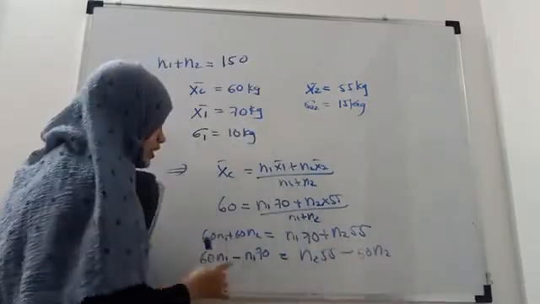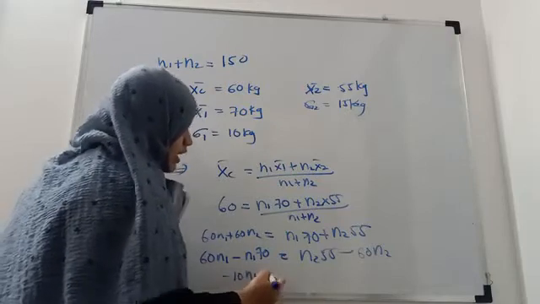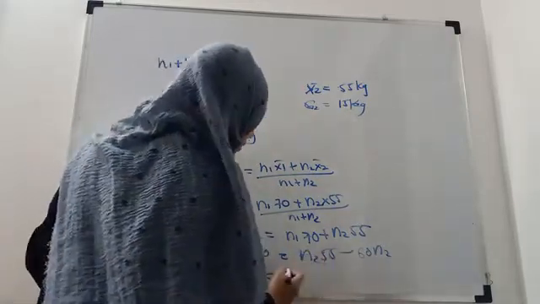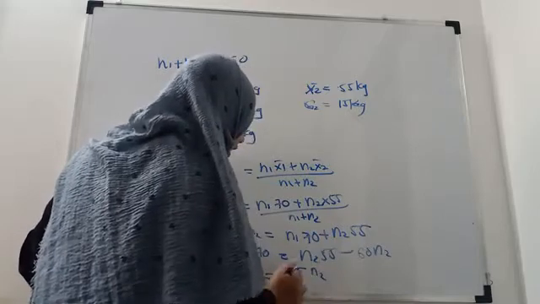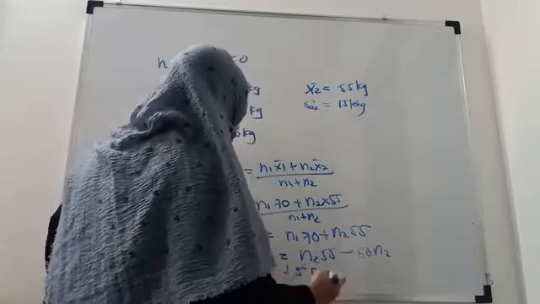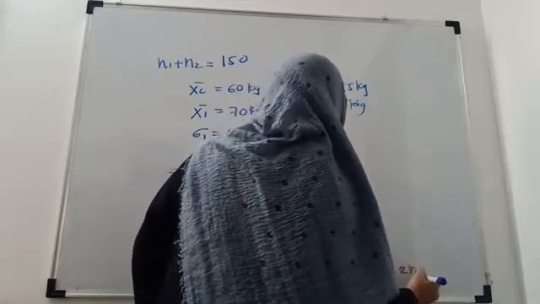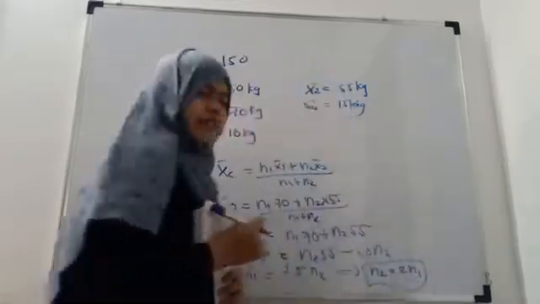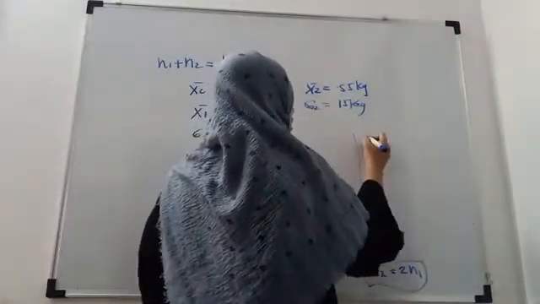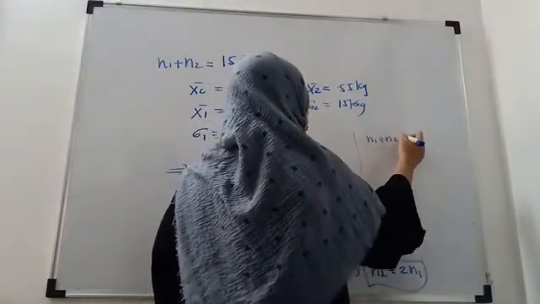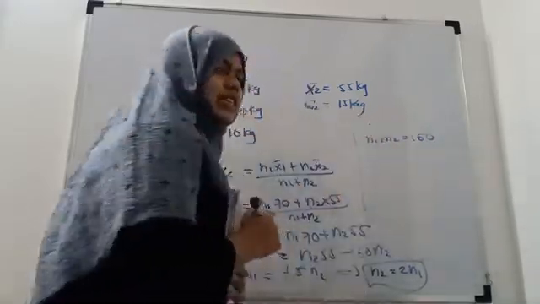So 60 minus 70 gives minus 10 n1, and here it will be minus 5 n2. Now minus minus will get cancelled, 5 ones are 5, 5 twos are 10. So we have one relation, that is n2 is equal to 2 times n1. We have got one relation between n1 and n2. Now we will use n1 plus n2 is equal to 150, which is given to us.